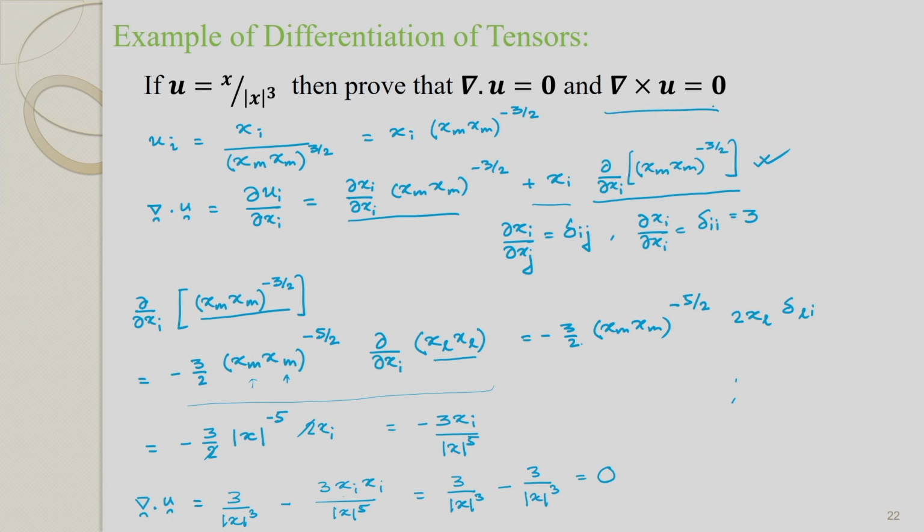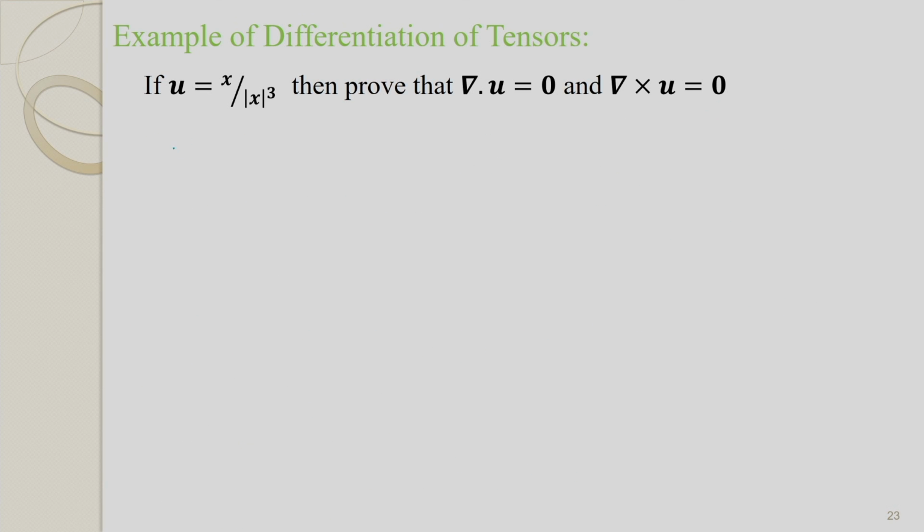Now, we will prove this part. So if we write curl of u, this is a vector. So in indicial notation, the ith component is epsilon ijk del uk by del xj.